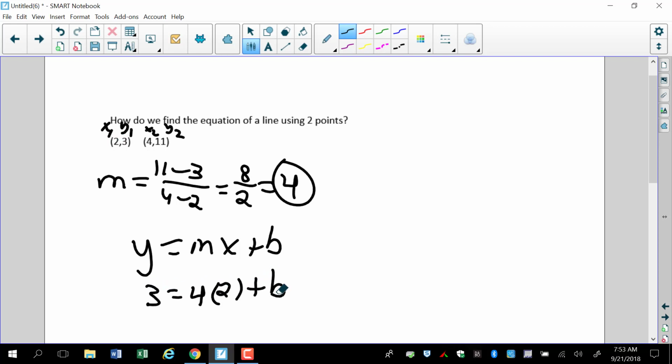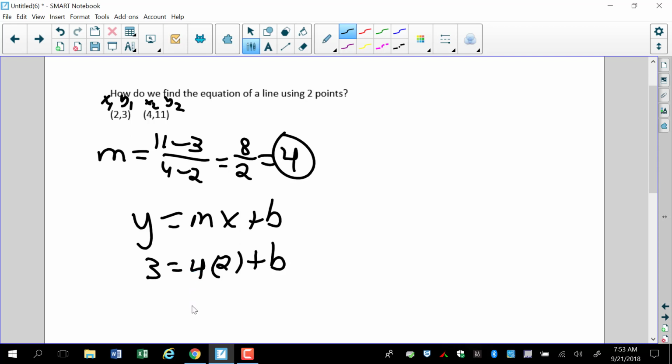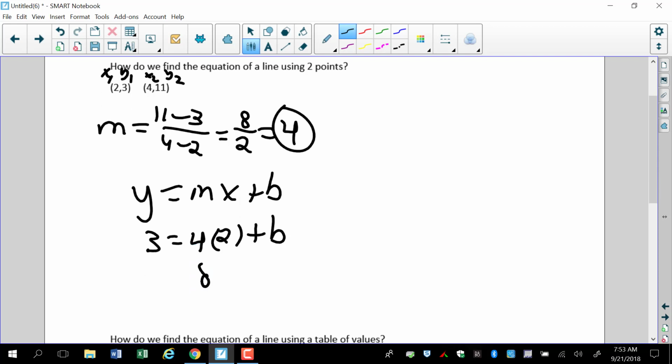But I don't know what b is, though I know how to find it. So I can use this, and I get 8. Subtract 8 and I get negative 5. So now I know my slope is 4 and my b is negative 5.